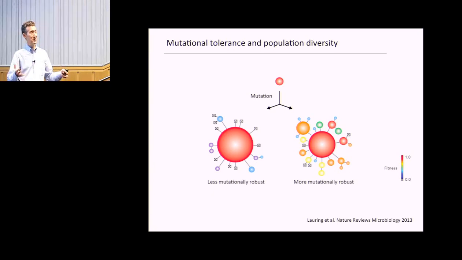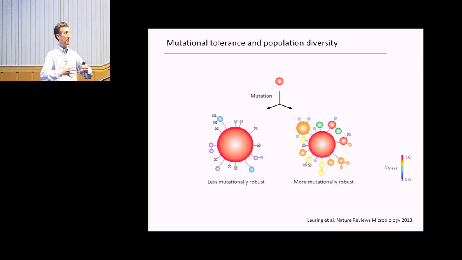Many more mutations are detrimental, so they can't increase in frequency because they're essentially a crippled virus and they can't replicate well. A virus that has, in general, mutations that don't cause as much damage will be tolerant of mutation, or mutationally robust. The idea is that a more robust population can maintain a larger degree of genetic diversity.